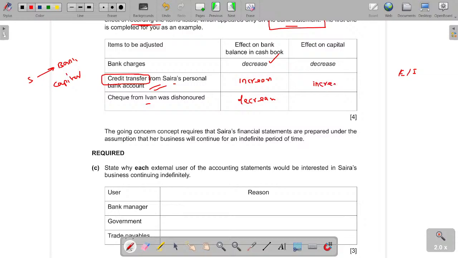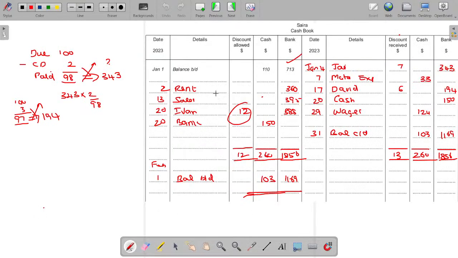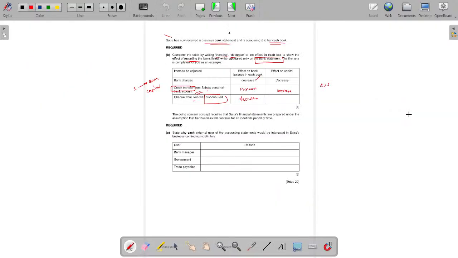Now what happens if Ivan's check is dishonored? There will not be any impact. What you have shown is now reversed. Because of that, there is no profit or loss. If there is no profit or loss, there will not be any impact on the capital. So no impact will be the correct one.